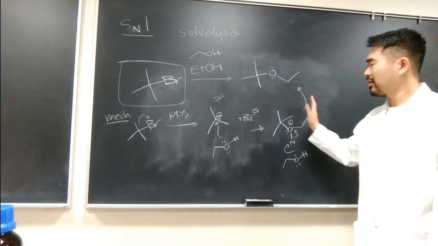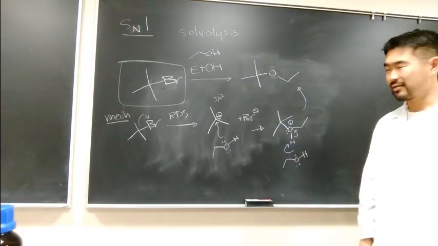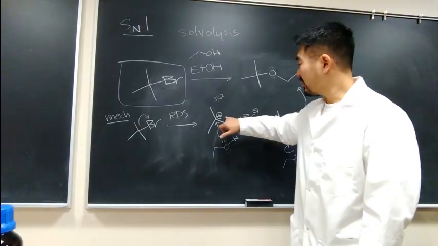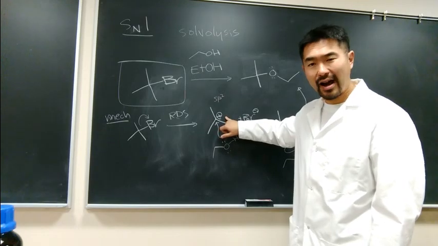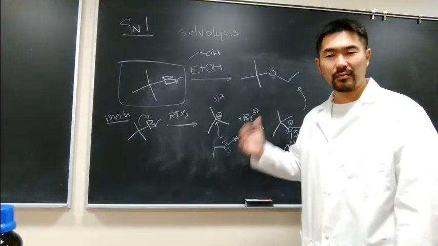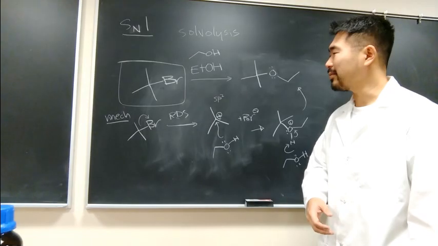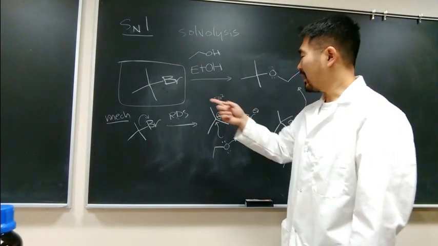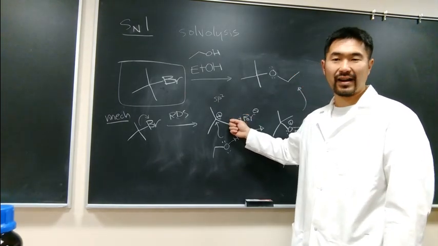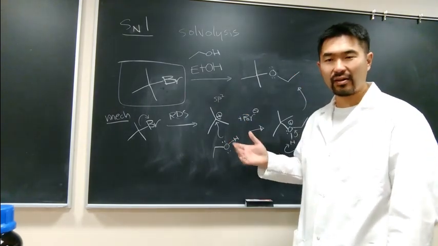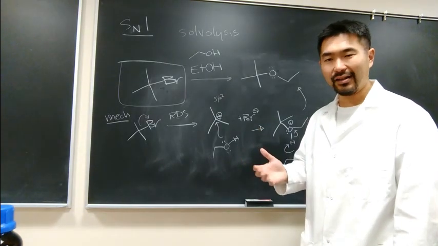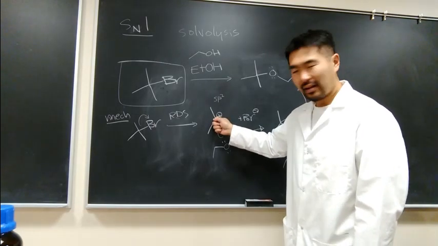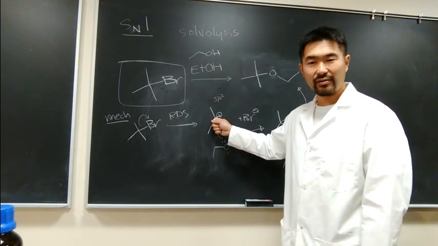So now that we've gone over the mechanism for the SN1 reaction, I just want to point out a few things. Because in an SN1 reaction, we have the very unstable carbocation intermediate, there are some limitations on what the substrate can be. This is an ideal substrate for SN1 reaction because in the mechanism it produces a tertiary cation, which as far as carbocations go is one of the more ideal forms, as you recall, because the carbon is very electrophilic and electron deficient.